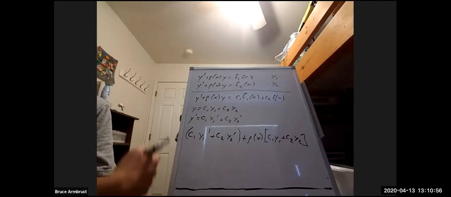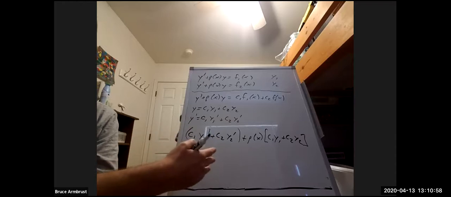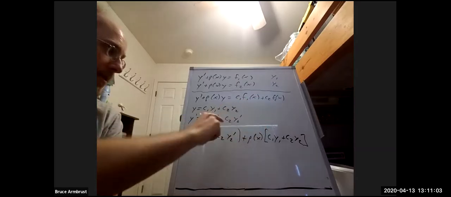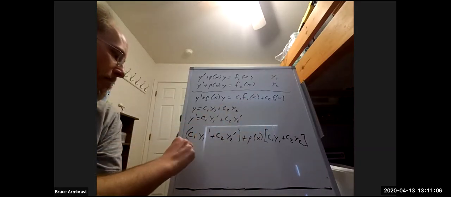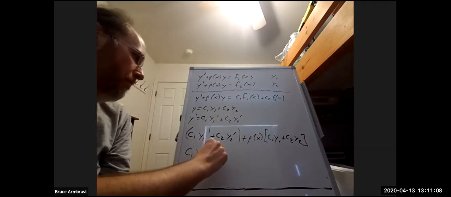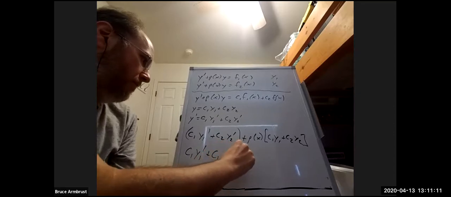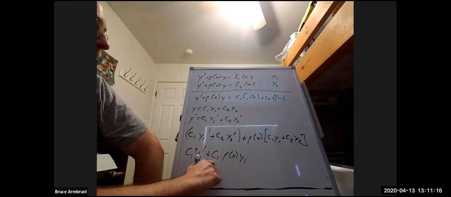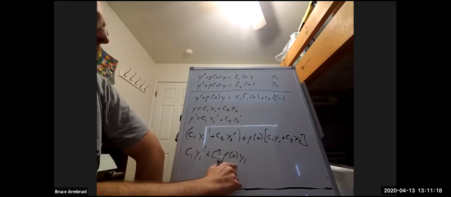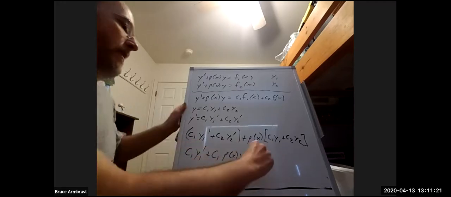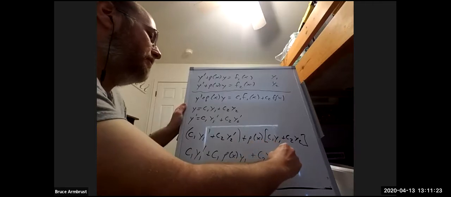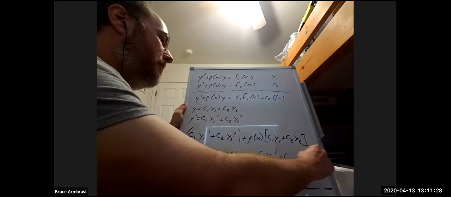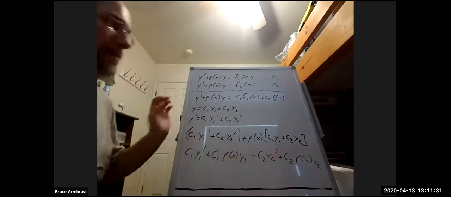All right, so what I'm going to do, I'm going to distribute, but I'm going to group everything with C1s together and everything with C2s together in another group. So we'll get C1 times y1 prime plus C1 times p of x times y1. So that's those two pieces. And then similarly, we're going to get C2 y2 prime plus C2 p of x y2.